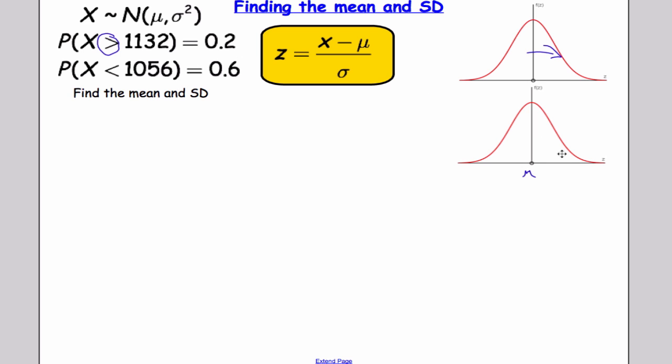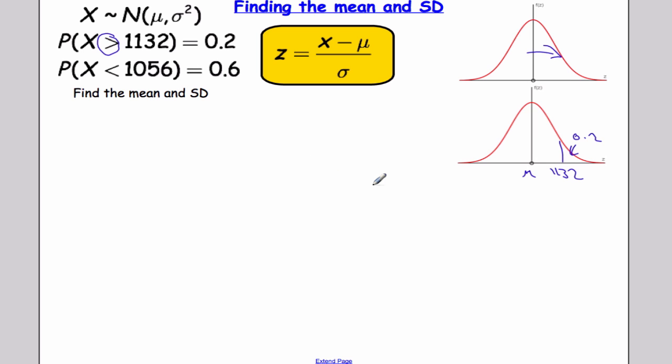And because the probability is so small, we're talking about this region here, and this raw value is 1132.